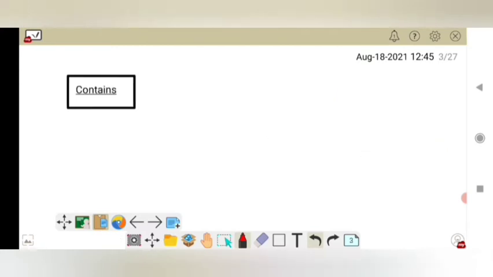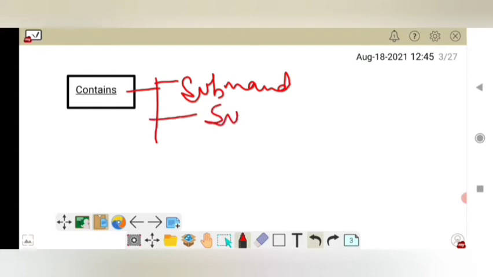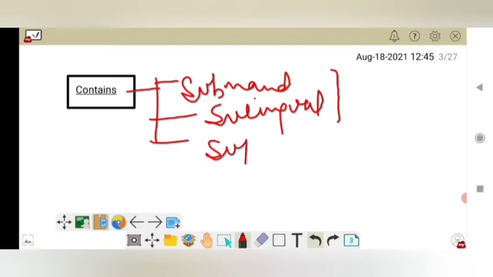It contains the submandibular gland and the sublingual gland, the two major salivary glands. Then the suprahyoid muscles, the muscles above the hyoid bone, are also contents of the submandibular region.